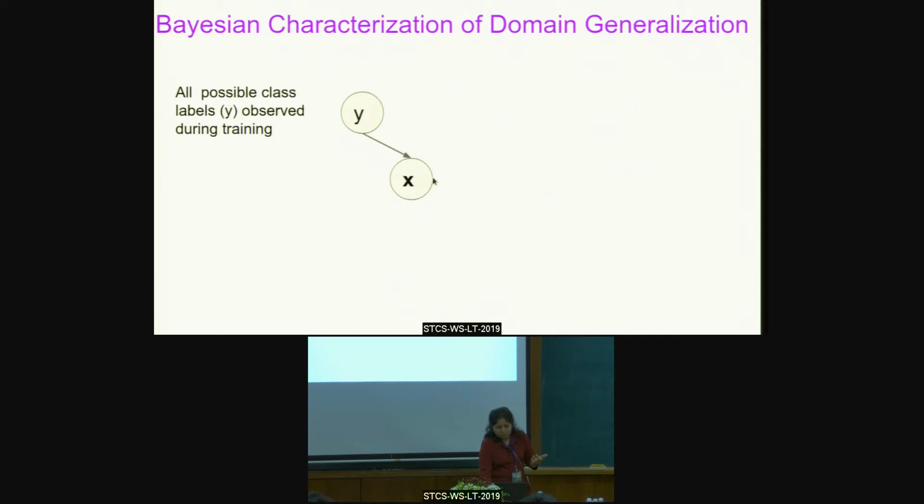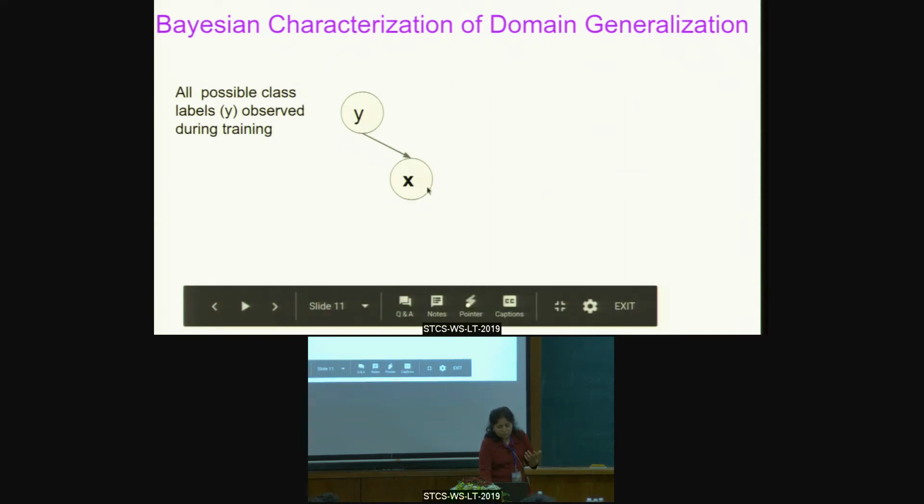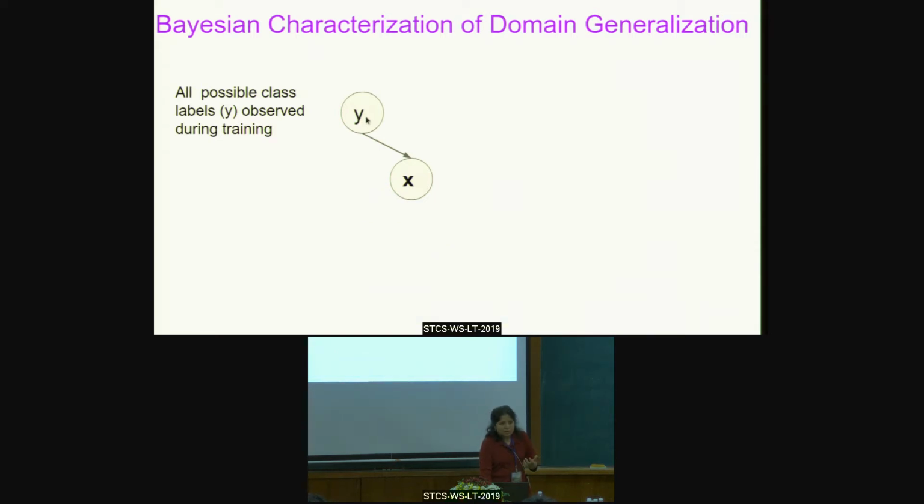And you believe that the X that you observe is a function of a hidden label Y. During training, depending on what method you use, whether a discriminative method or a generative method, let's say we are using a discriminative method, you try to model probability of Y given X. And for this training to be well defined and to be estimated well, you require that at the time of training, you see labeled examples for each discrete Y. If you do not observe examples from a particular class label, you will not be able to predict that class label, as simple as that.